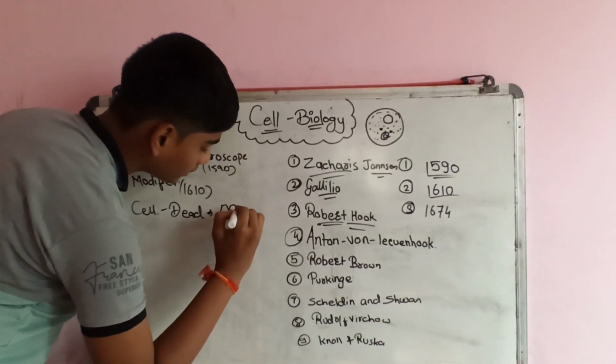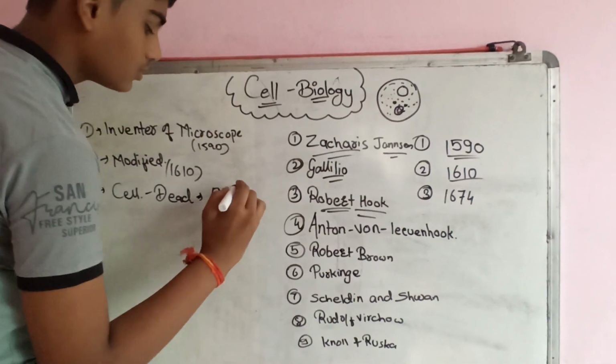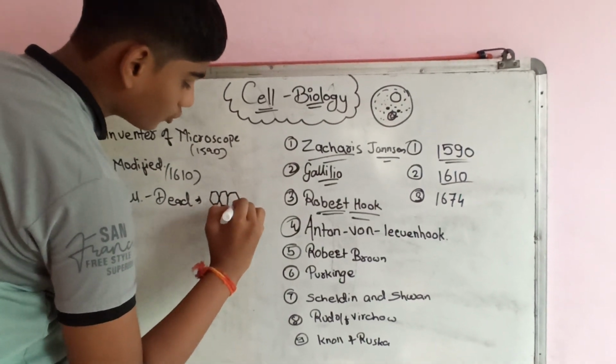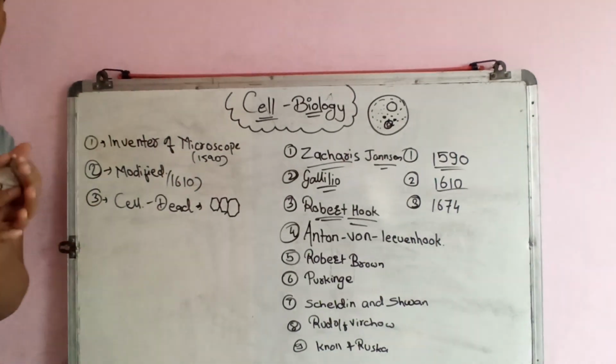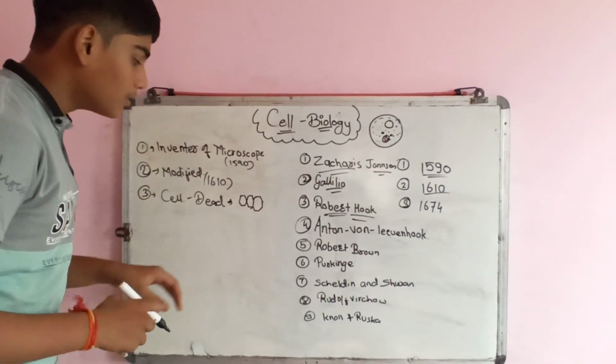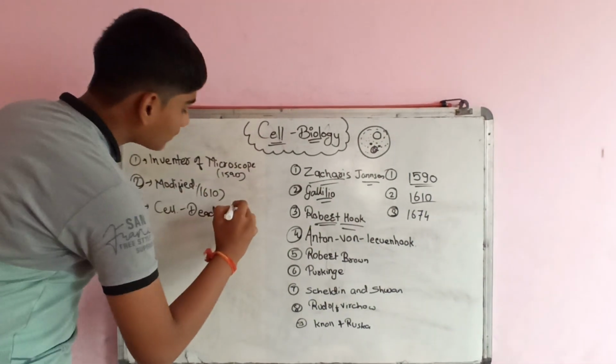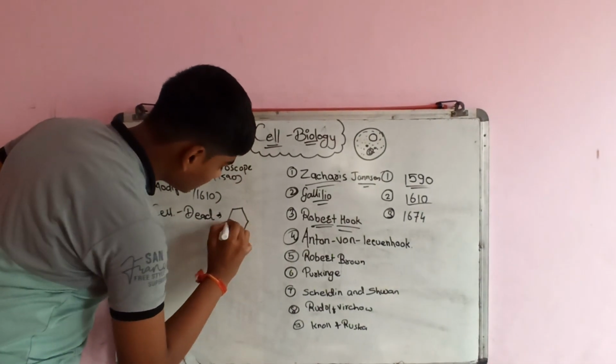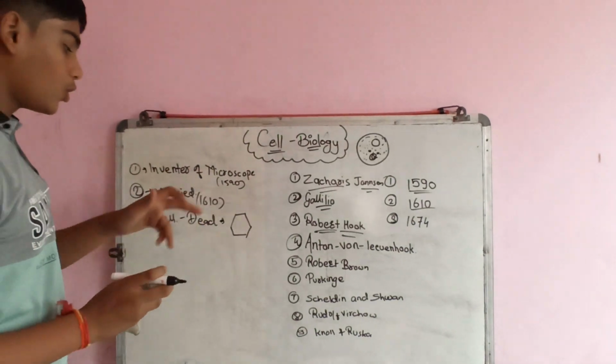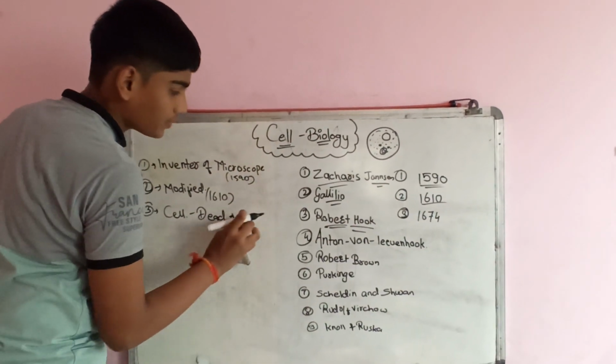His observation was that it looked like a honeycomb-like structure, with room-like structures, and only this he saw in his microscope.